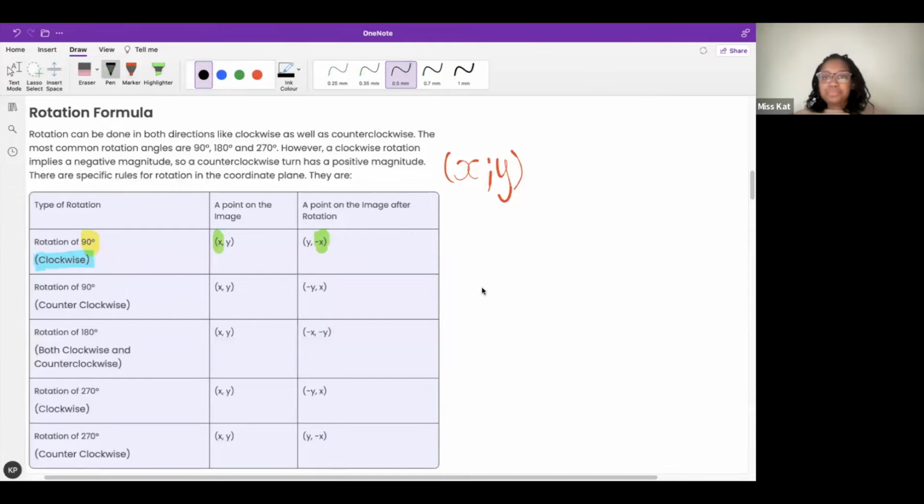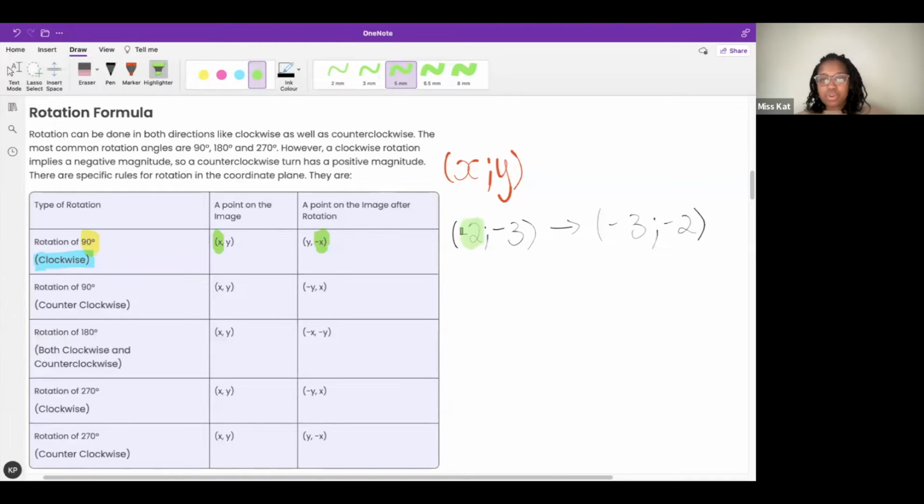Look here, guys. If my original point was -2, -3, let's rotate this 90 degrees clockwise. What's the first thing? First, they have to swap, right? So we have -3 and -2. And then what was the original X? It was -2.